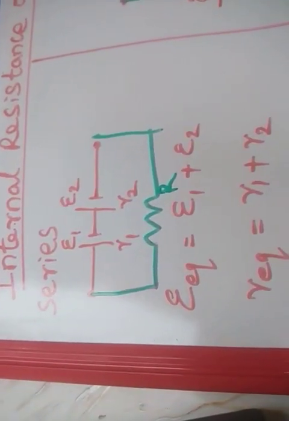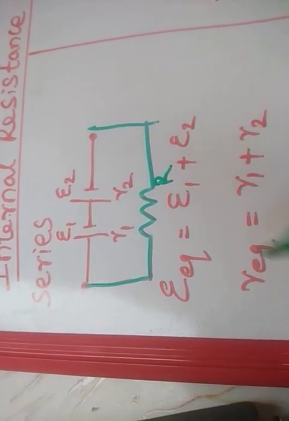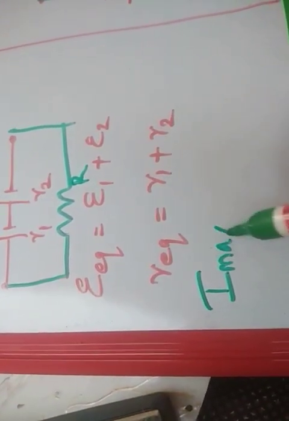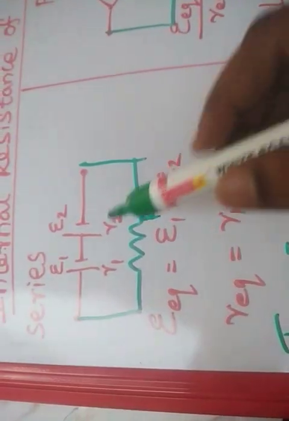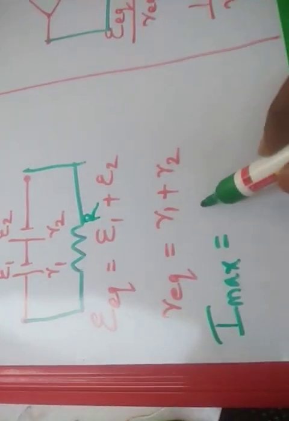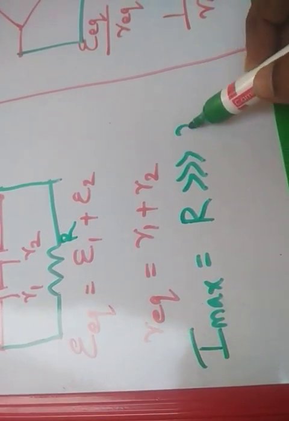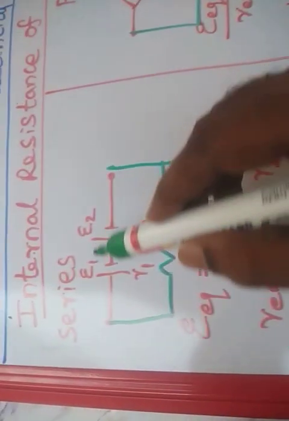From the problem point of view, they may ask what the Imax condition is. When the cells are connected in series, the external resistance value must be greater than the combined internal resistance of the cells.